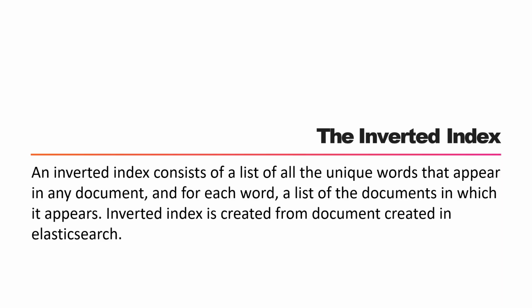An inverted index consists of a list of all unique words that appear in any document, and for each word, the list of documents in which it appears. The inverted index is created from the documents in Elasticsearch.